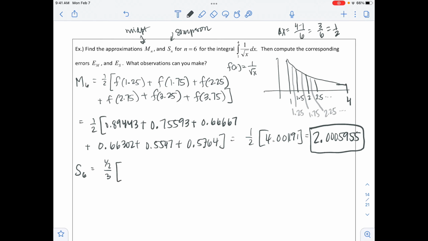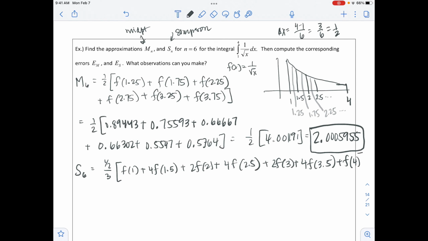And then we have f of x naught, so f of 1, plus 4 times the next value, f of 1.5, plus 2 times f of 2, plus 4 times f of 2.5, plus 2 times f of 3, plus 4 times f of 3.5, plus f of 4. So 1/2 divided by 3 would be 1/6.